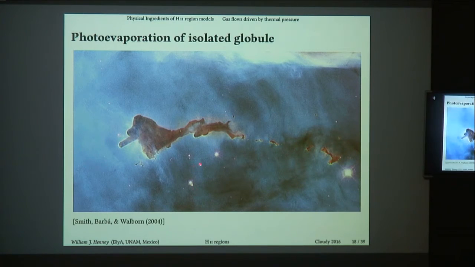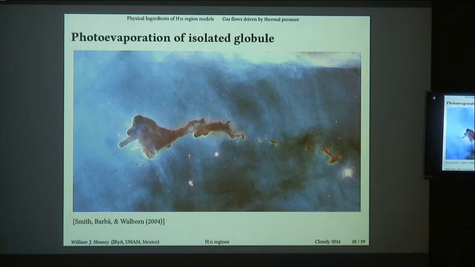So this is consistent with what we expect, that these photoevaporation flows carve out a cavity in the H2 region. In this case, because the radius of curvature of this globule is very, very small compared to the global radius of the H2 region, the cavity that's carved out is quite small.